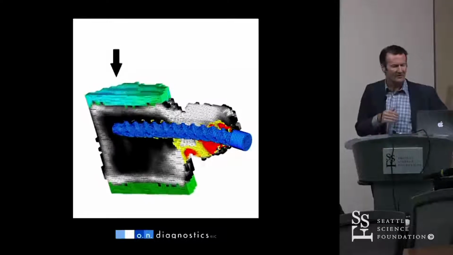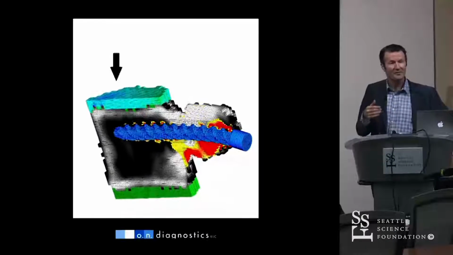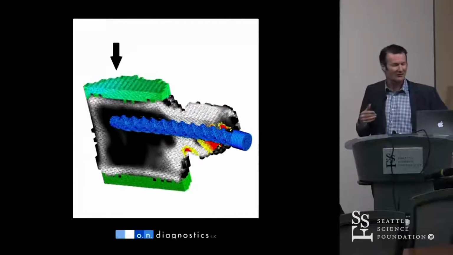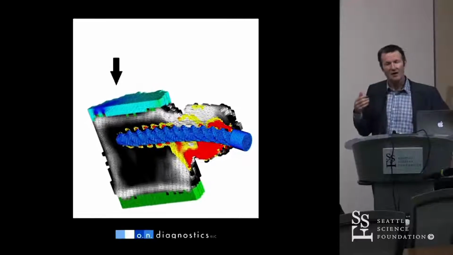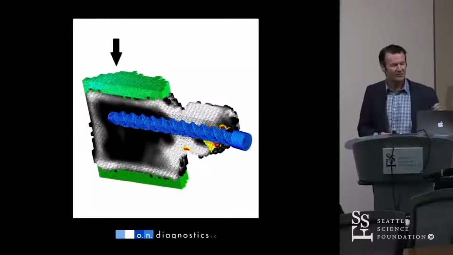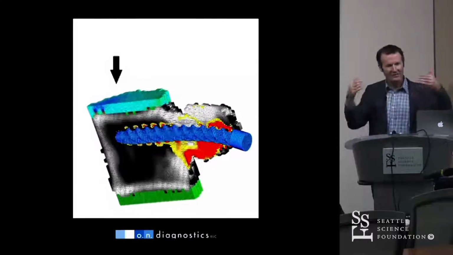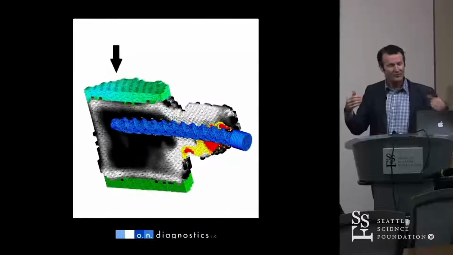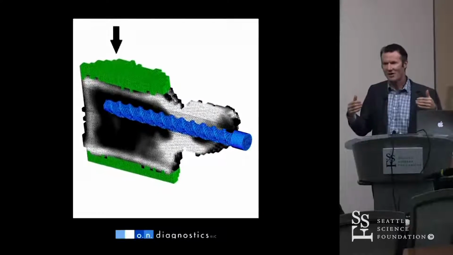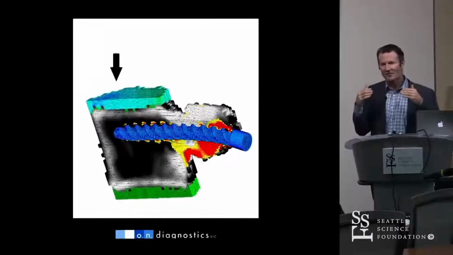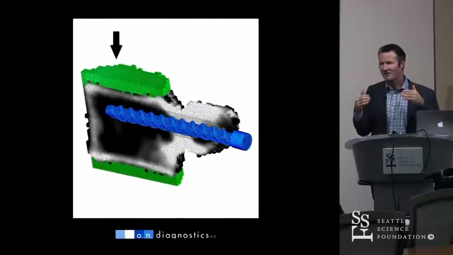This gives you an idea of what we're currently doing. So we can virtually implant pedicle screws now and constructs and start looking at the stresses around the pedicle screws. It's interesting when you do this and you load the bone. If you don't have the pedicle screw in there and you load the bone and the bone's bending forward like this, you get a very slight anterior shift of stress in the disc.